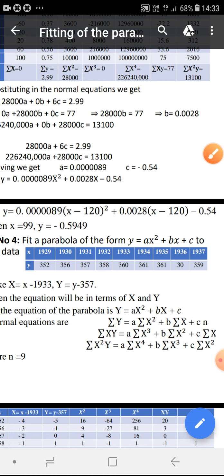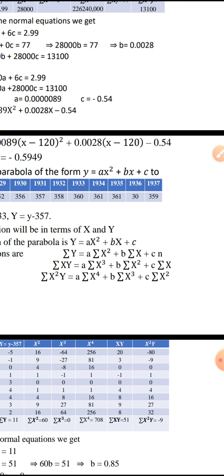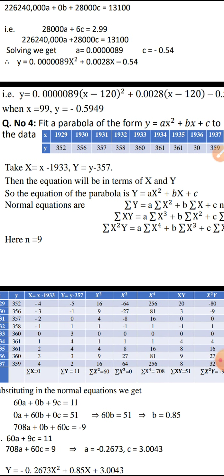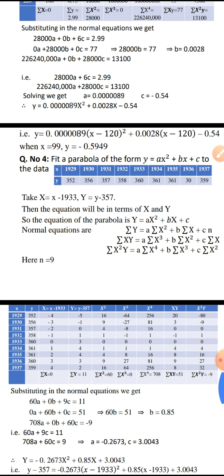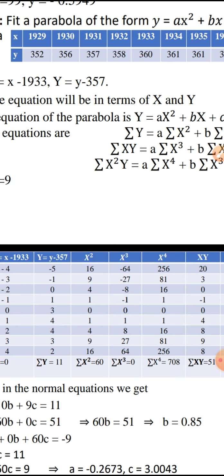Now you need to calculate all these sums if you want the values of a, b, c. So we get those sums by using a table. We should construct the table showing all those sums. First column small x given in the question, second column small y which are also given in the question. For these x and y values you have to form capital X value, which is small x minus 1933, and capital Y value, which is small y minus 357.